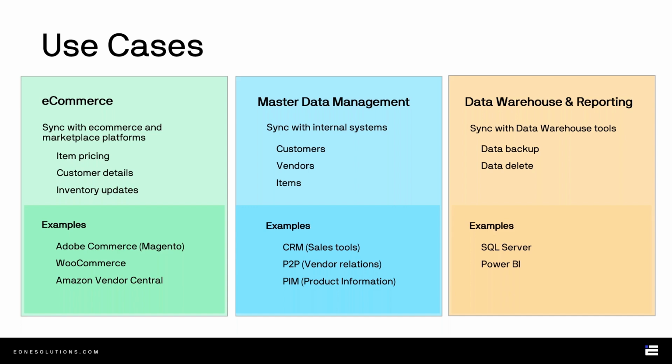So the times where you wouldn't use change tracking, and that's going to be really for the data that doesn't change. If we think about Business Central, there's certain tables that are fairly static, such as the ledger tables and the history tables. We don't want to track every single change that happens to those records. Instead, we only want to push them to a data warehouse or to another system incrementally as they change.